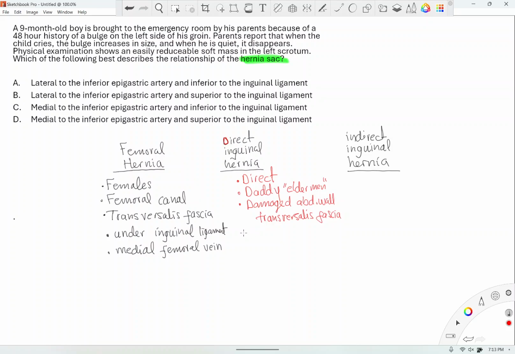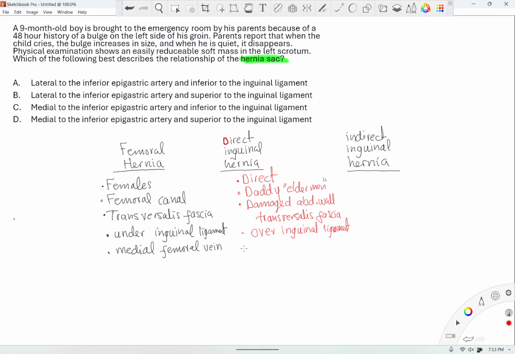Inguinal hernia in general, direct or indirect, both, always goes over the inguinal ligament. So that's femoral under, and inguinal hernia always over. That will help us.